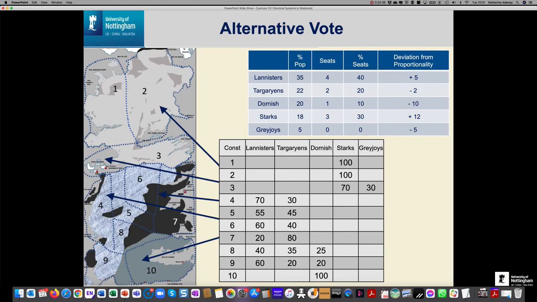Now, someone like Donald Horowitz argues that this is a really good mechanism for ethnically divided societies, because it means that the candidates who aren't going to achieve 50% of the vote in a particular constituency have an incentive to become moderates, to tone down their rhetoric against other communities or other families in this scenario, or maybe even to offer those families something in return for putting them as their second preference.